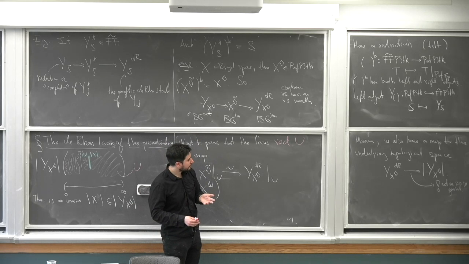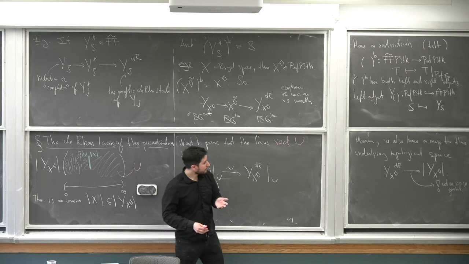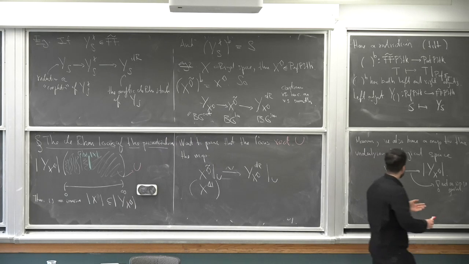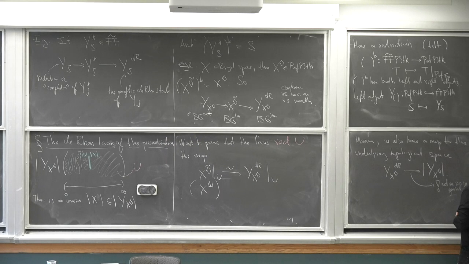Oh, I'm sorry. So when you drew that map, if you put absolute values around both sides, that would be... Sorry. Yes, so okay.